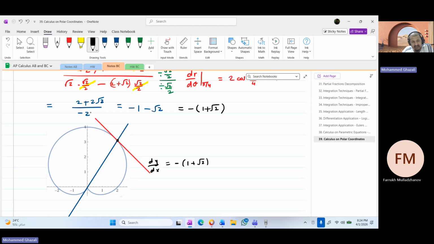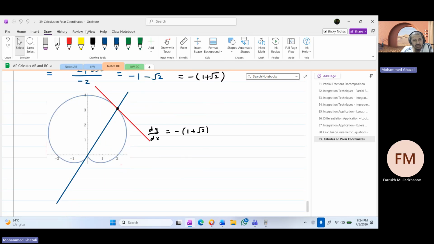Okay. You can actually find the equation of this line also, right? How can you find the equation of this red line? Let's just do it. What is y of theta? Y of theta was r sine theta, correct? And what was x of theta? R cos theta.